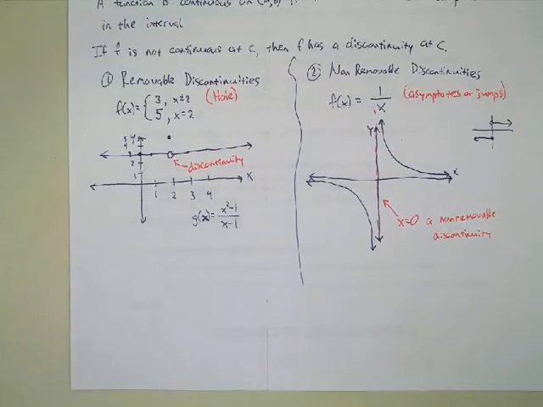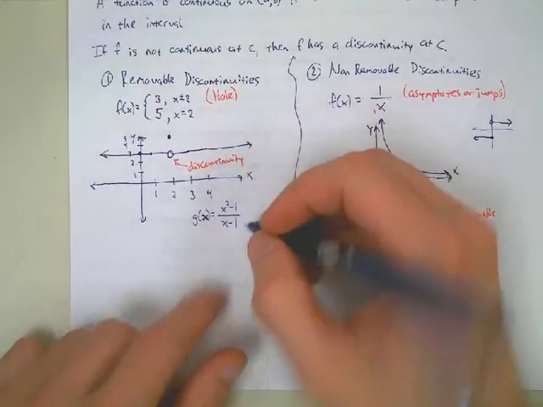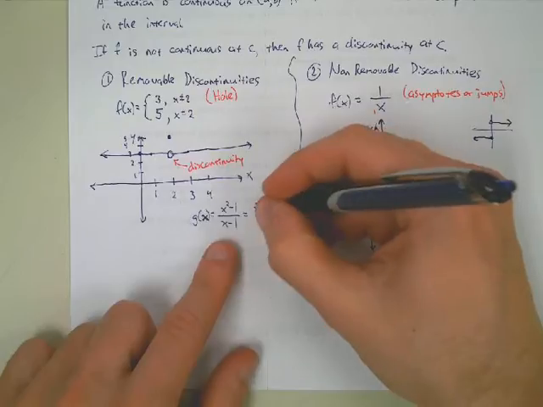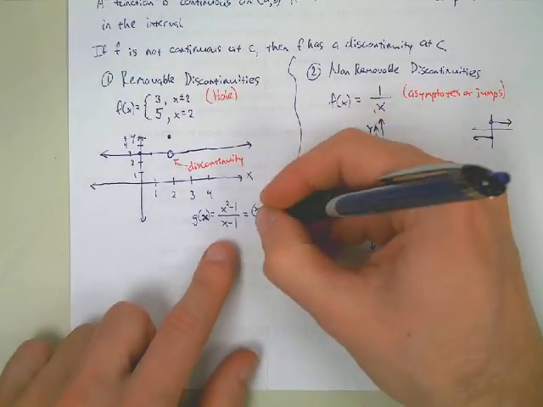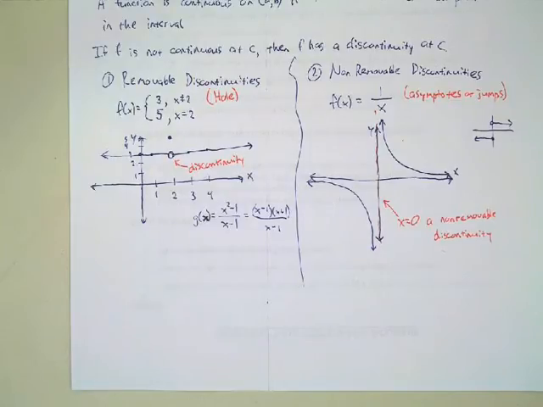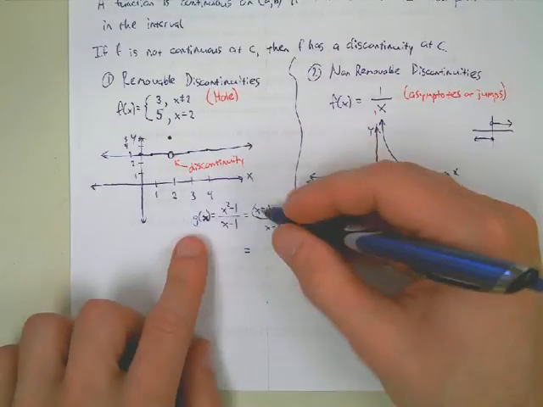But the nature of this, what can we do to this function? We can factor this out. And so if I cancel those x minus 1s, I'm left with x plus 1.